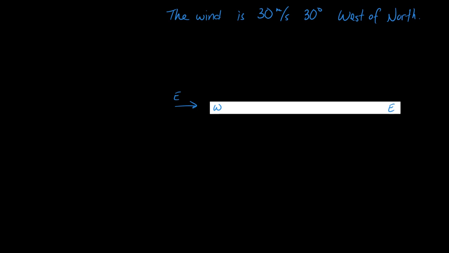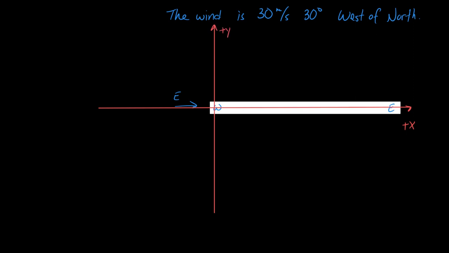All right, so step 1, apply a coordinate system to your problem. I think there's already a pretty clear coordinate system. But just to be consistent, I'm going to apply a coordinate system to my problem.